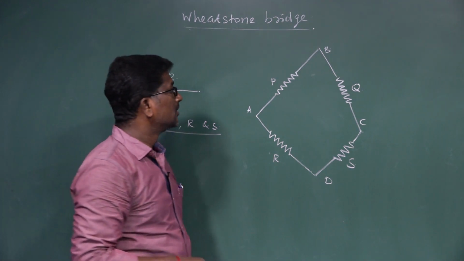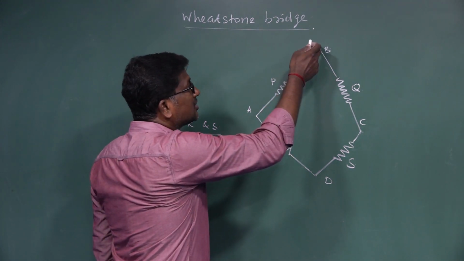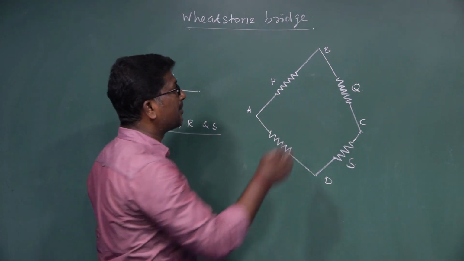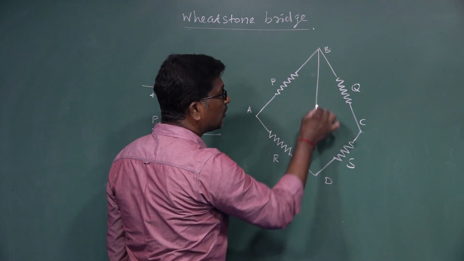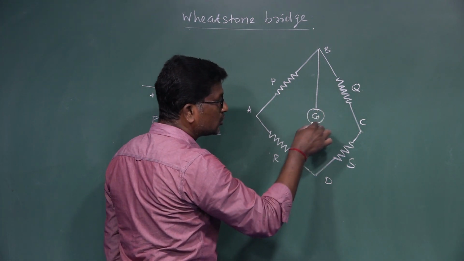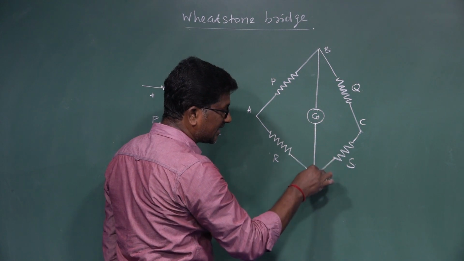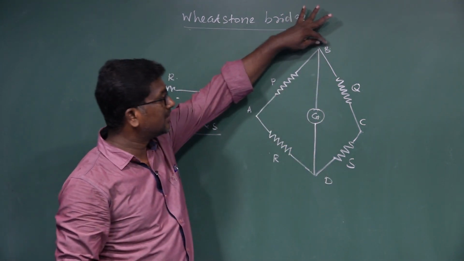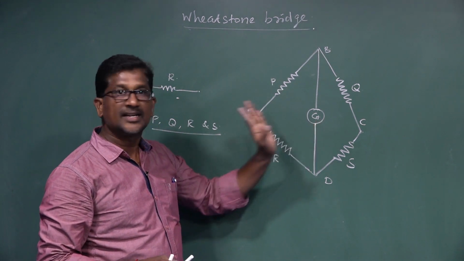Across the points B and D, a sensitive galvanometer G, whose resistance is G, is connected like this.